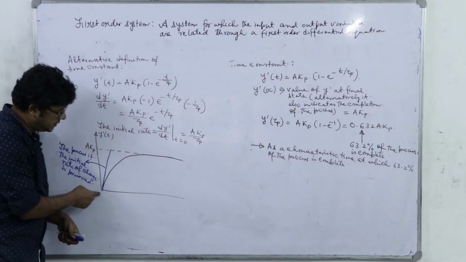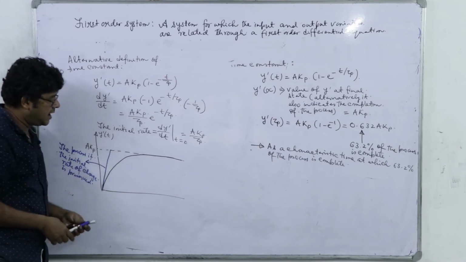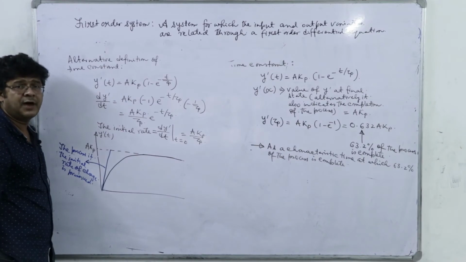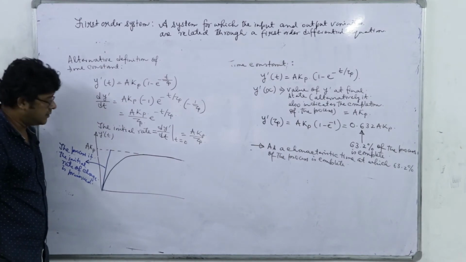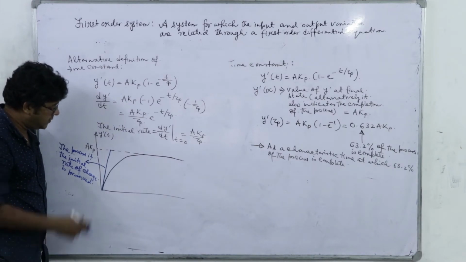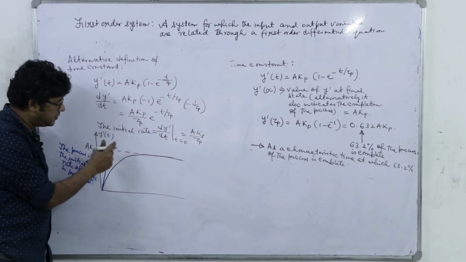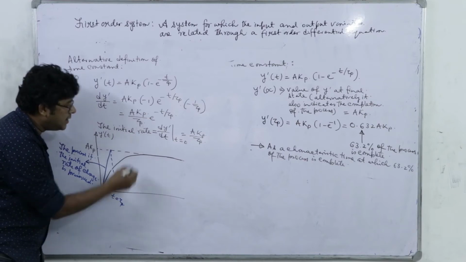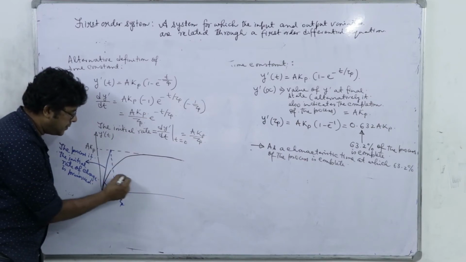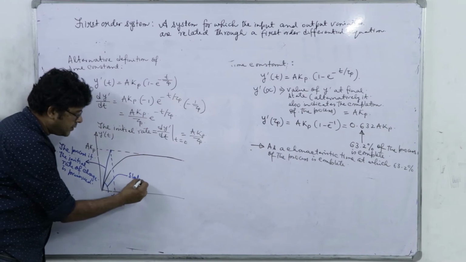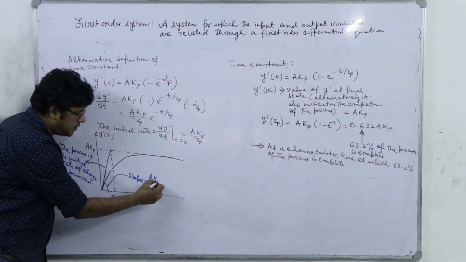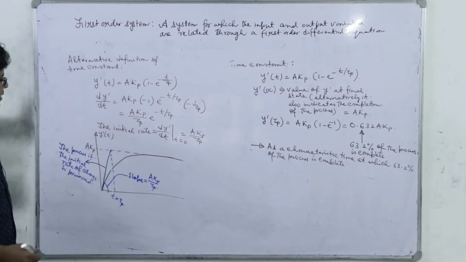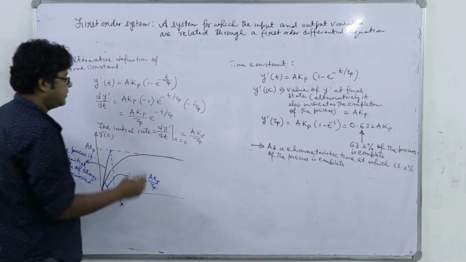So it's retaining its initial rate and it's reaching the completion, because A K p attainment of y prime indicates the process completion. So this completion is being reached at t equal to tau p. Why? Because the slope is A K p by tau p. So we can propose an alternative definition for the first order process like that.